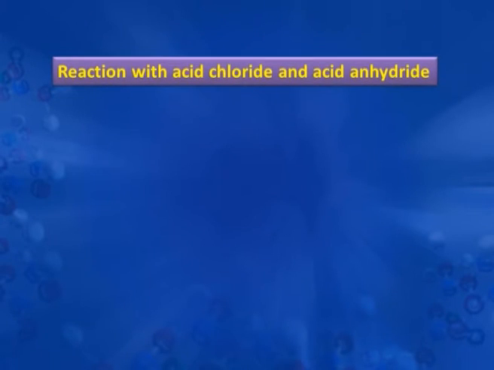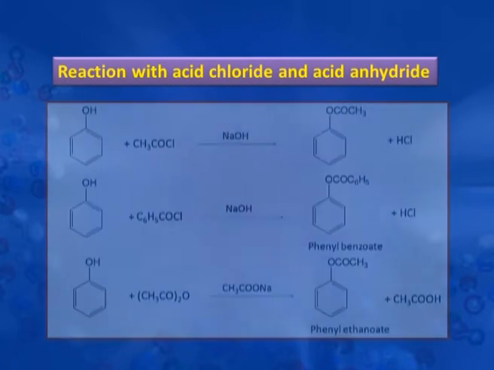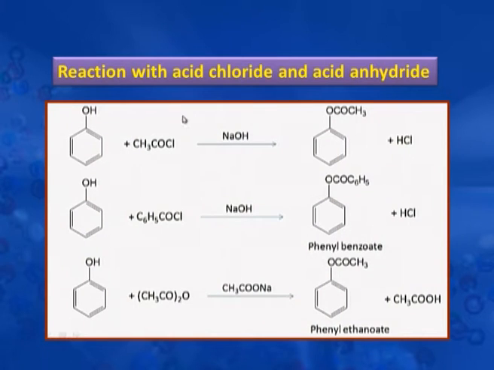Here in this slide, phenols are reacting with ethanoyl chloride or benzoyl chloride or ethanoic anhydride. In all the three cases, there is formation of ester. Basically, here phenol is acting as a nucleophile, and we are using the acid in the form of its anhydride or acid chloride, and they form ester.